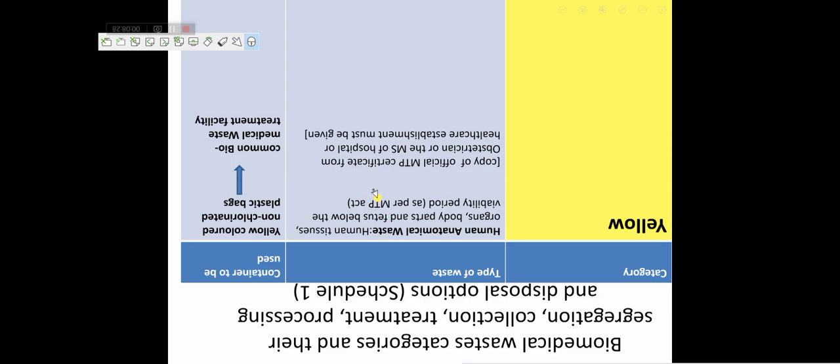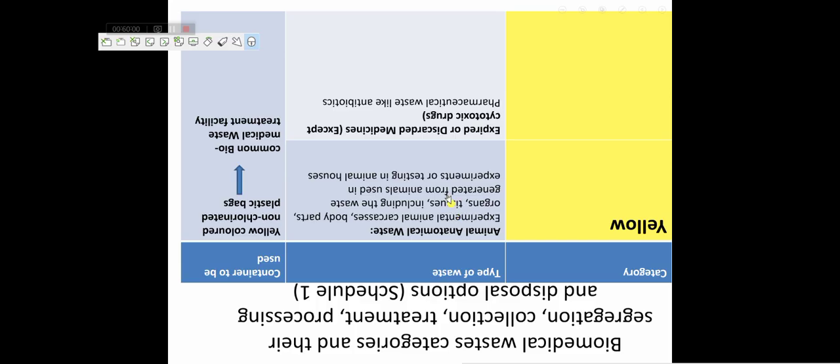MTP is medical termination of pregnancy, where the fetus is terminated within the viability period, right? So these types of waste will also come in the yellow bag, and the container to be used is the yellow colored non-chlorinated plastic bags, right?